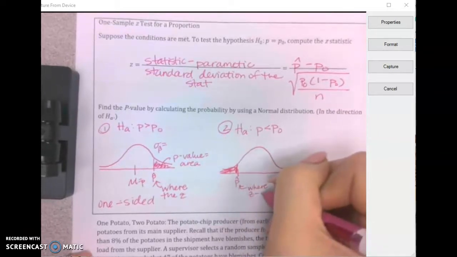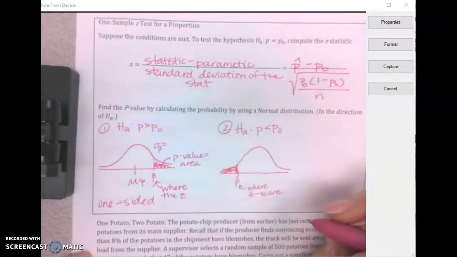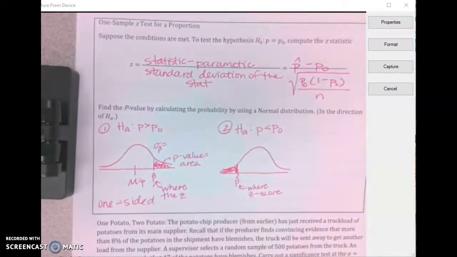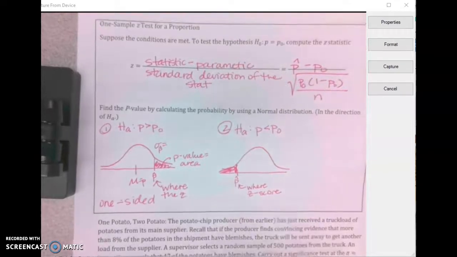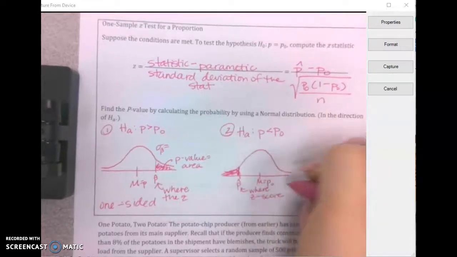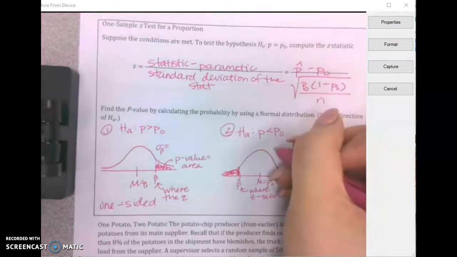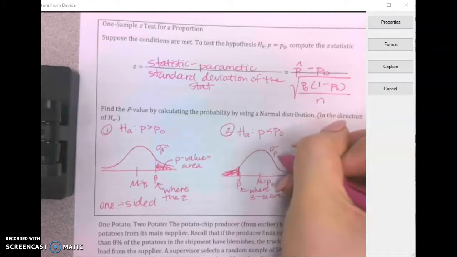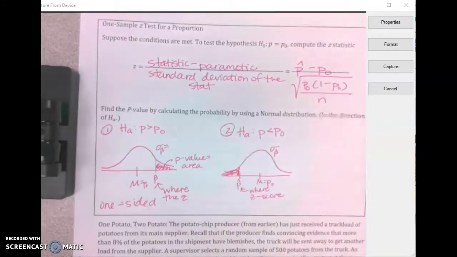And what I mean by that is you're going to look and see, like, is it 1 standard deviation, 2 standard deviations, etc. Label your mu equals P. In this case, it's our P sub O. And then we have our standard deviation. Okay?